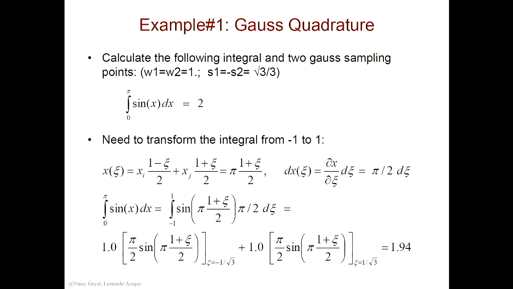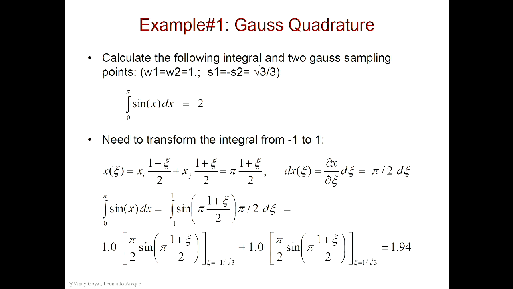Let's do an example. Let's say I want to integrate from 0 to pi sine x dx, which equals 2. Why not use what we learned? So we'll transform the integral to go from -1 to 1. You already know the shape functions Ni and Nj. xi is 0 and xj is pi, so then x(c) is pi times (1 plus c) divided by 2.